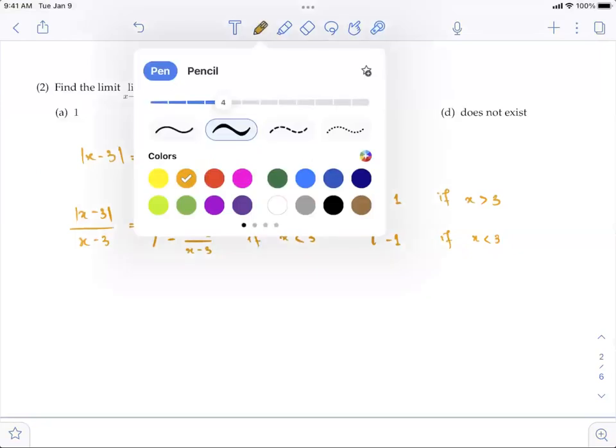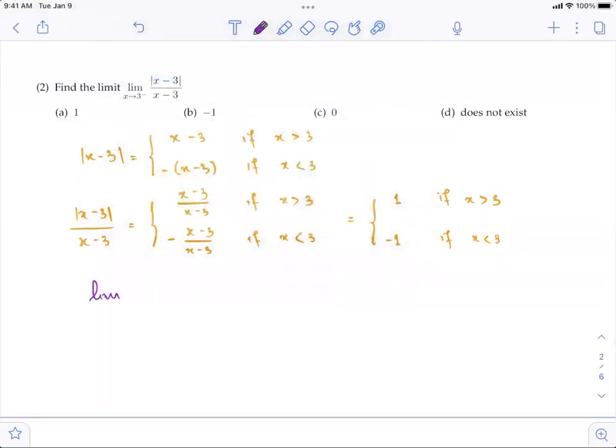So that is the limit of the absolute value of x minus 3 over x minus 3 as x approaches 3 from the left, equal to the limit of negative 1 as x approaches 3 from the left. So it's just equal to negative 1. So the answer should be B, negative 1.